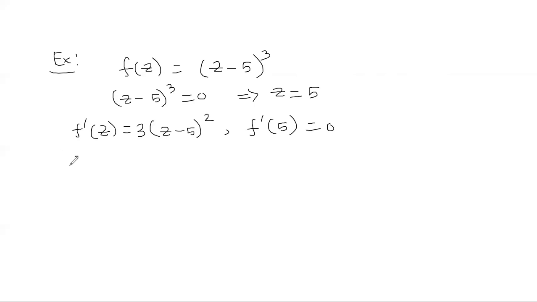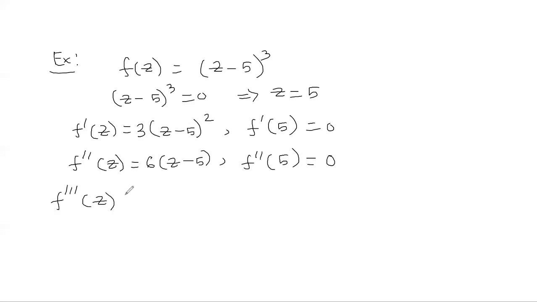So further we have to differentiate. We are getting the second order derivative of f as 6 times (z minus 5). So here also f''(5) is 0. So what is the third order derivative of f? Here we are getting 6. And f'''(5) is equal to 6, which is not equal to 0.